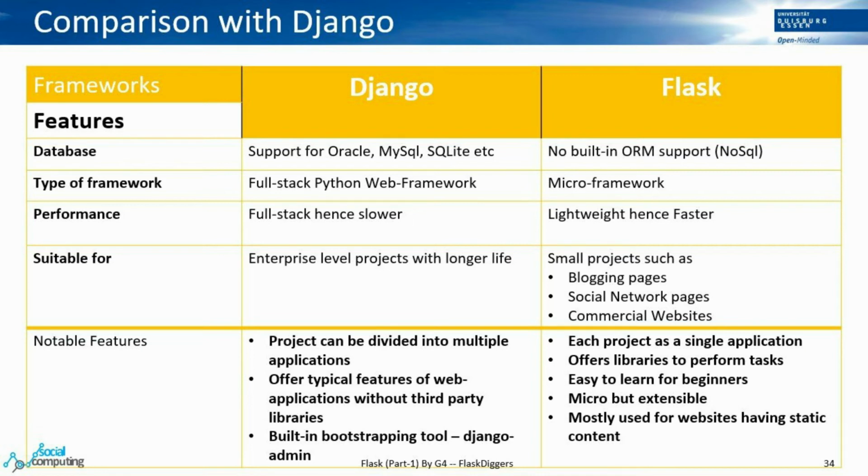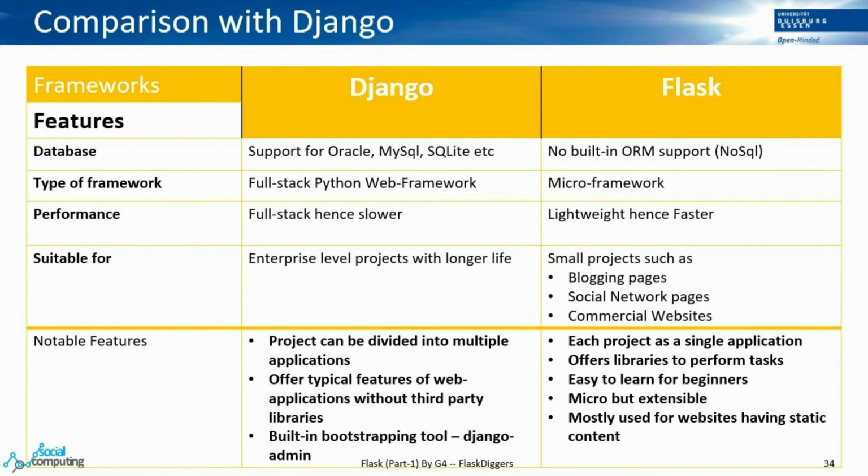Now, if you talk about the type of framework, Django is a full-stack web framework, hence slower, while Flask is a lightweight micro web framework, hence faster. Now let's take the project size as a comparison.